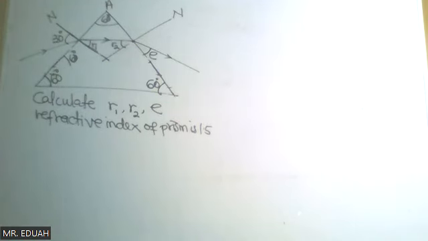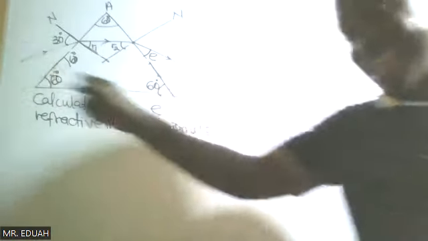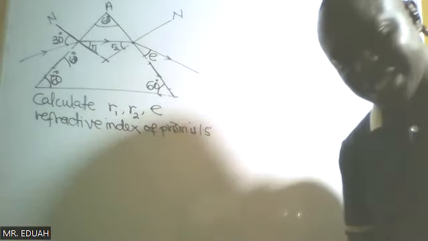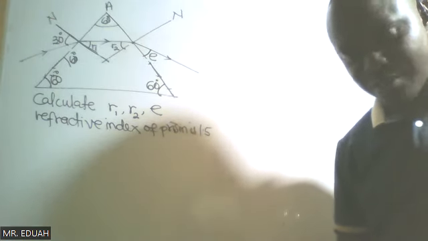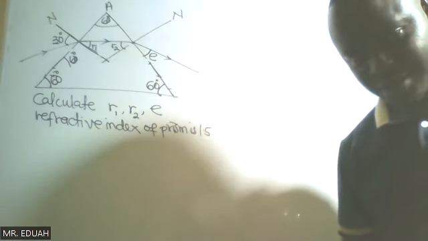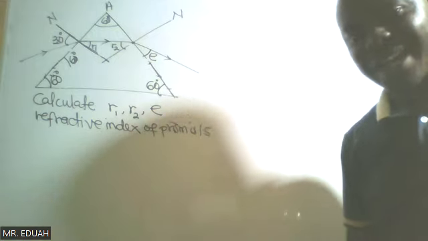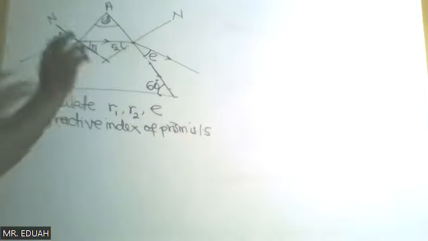You see, the kind of questions I give you under refraction of light in a triangular prism, frankly speaking, when you get this kind of questions, you should cruise through it easily. The kind of questions you solve, we solve under this.